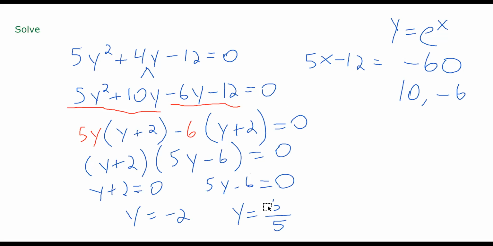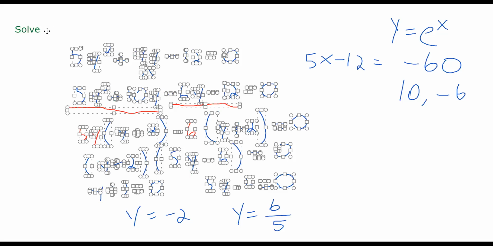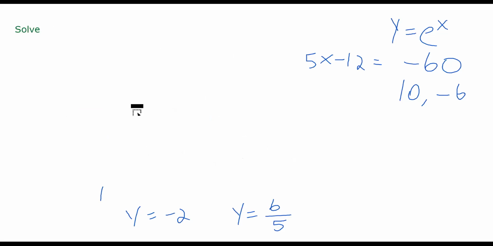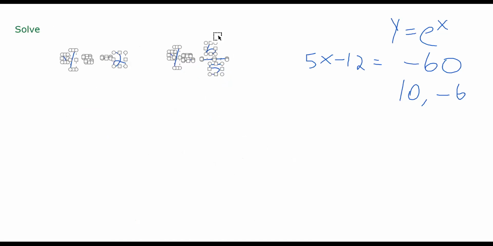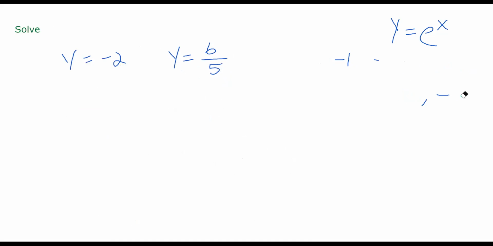Now, normally I would be done here. Normally I'd say, oh, I just solved a quadratic, so I'm done. Well, not so fast. Again, this problem takes up a couple screens. We got it down to these y values, but now there's a fly in the ointment, because remember, y was equal to e to the x.